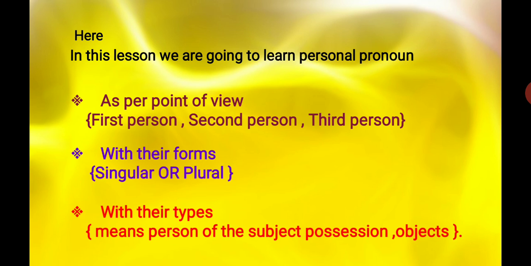And then we will divide the personal pronoun with the types, means if the pronoun is the subject, if the pronoun shows the possession, and if the pronoun is at the place of an object. So let's start.